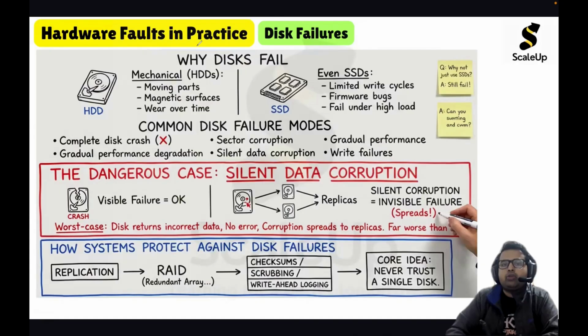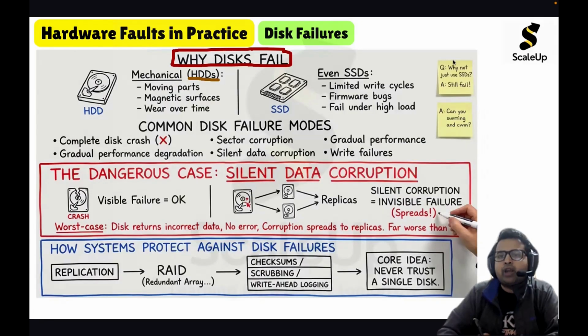If we talk about why disks fail, in hard disk drives we have moving parts, because if you look at it, there is a magnetic disk which keeps on rotating.